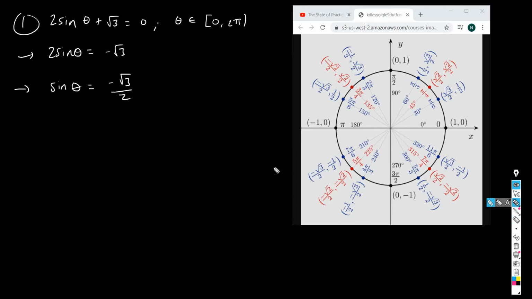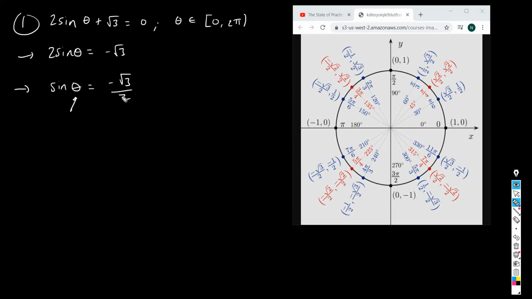Now, for what angle theta do I get that the sine of theta is equal to minus the square root of 3 over 2? I go to my image, and since I'm dealing with sine, that means that I should look at the y-coordinates of all of these points, and I need to look for this coordinate, minus the square root of 3 over 2.